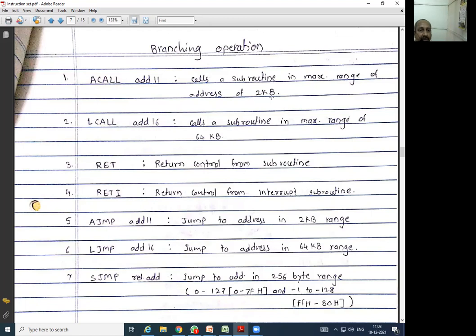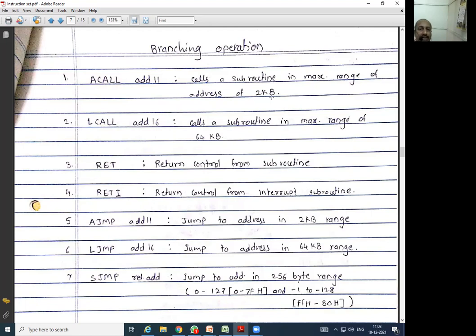Because address 11 means 11 bits, 11 ones. We know that 10 bits, 10 ones, means 1 KB. So 11 bits means 2 KB. So the maximum range is 2 KB.